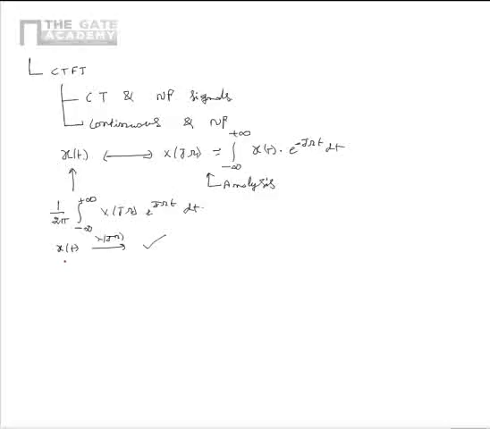Also please note that for a signal x of t, for the continuous time Fourier transform to exist, it has to satisfy the Dirichlet conditions, which are given below. That is, the signal must be absolutely integrable, that is integral minus infinity to plus infinity mod of x of t dt should be finite, and the signal x of t should have the finite number of maxima and minima in one period.